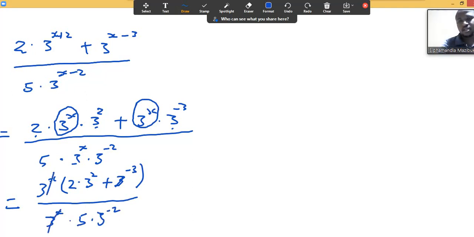This and that can cancel each other, so we carry on. Now 3 squared is 9, so we'll have 2 times 9 plus 1 all over 3 cubed, because this was minus 3 but now we're changing it to positive, so we put 1 all over 3 cubed, or 3 to the power 3.